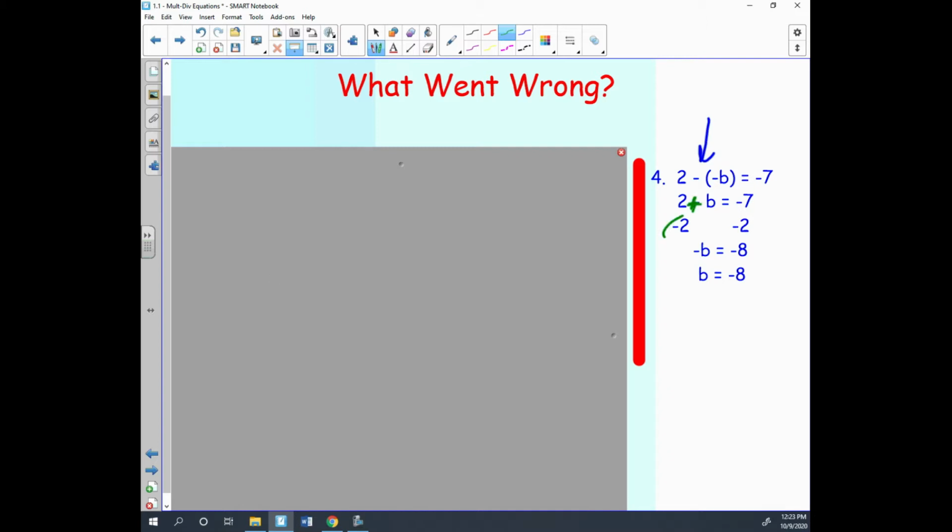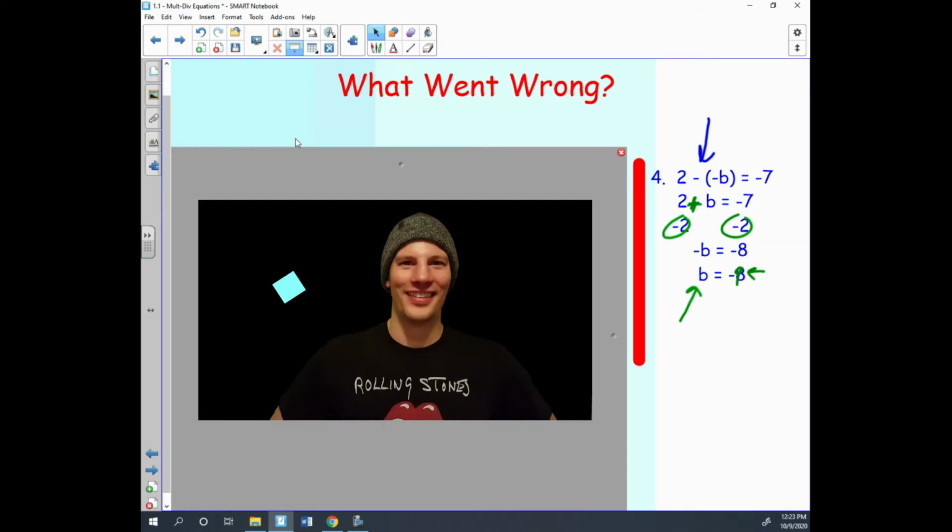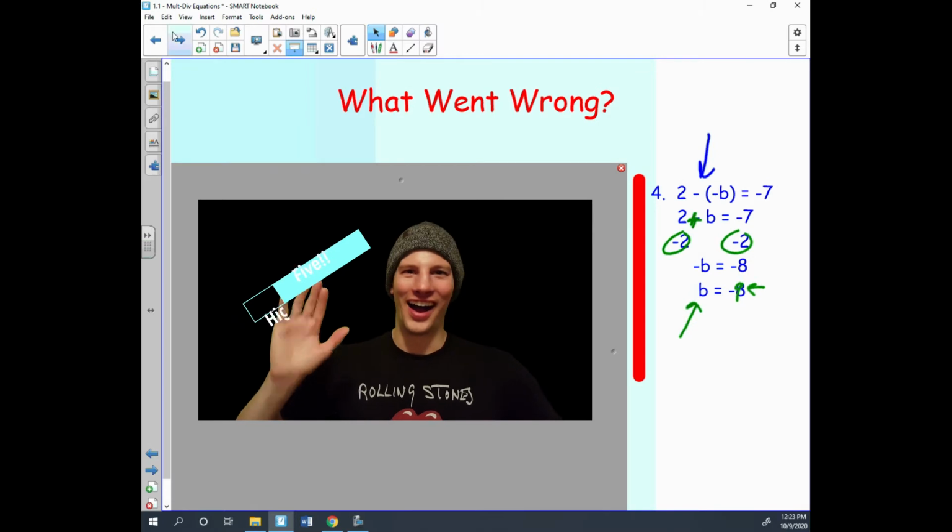So they were right in doing the -2 to both sides, but when they did that, they should have gotten just regular b right there. And actually, I think they got this number wrong. I think that should be -7 minus 2, -9. Anyways, I always have to be looking and making sure that we're showing the right steps and that we're understanding it the right way.